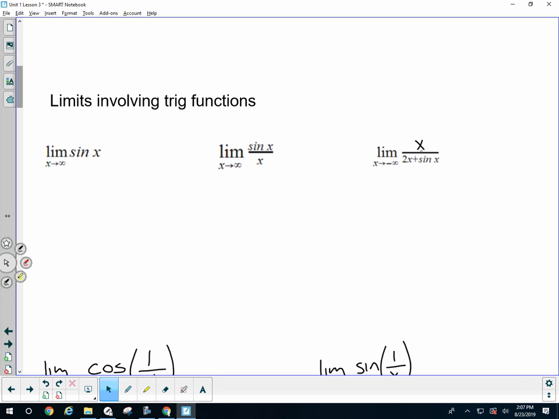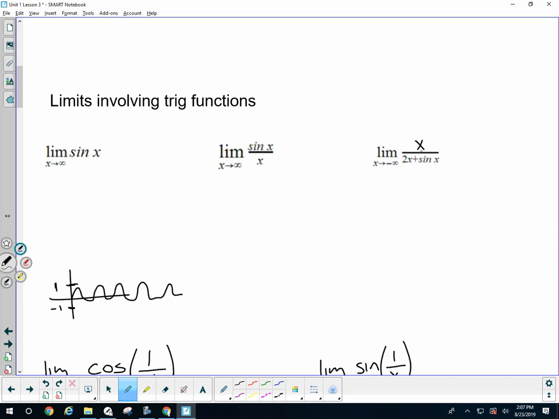Well, let's talk about sine and cosine real quick before we move on. My friends, sine and cosine look like this. Now, the largest y value it could have is 1. The smallest y value it could have is -1.